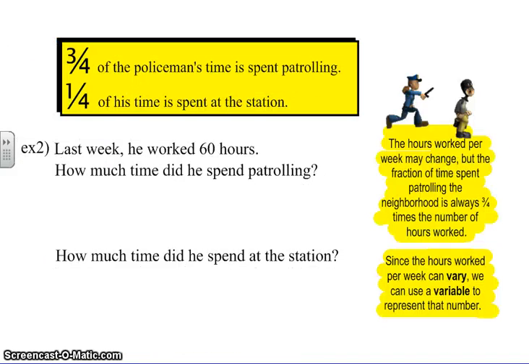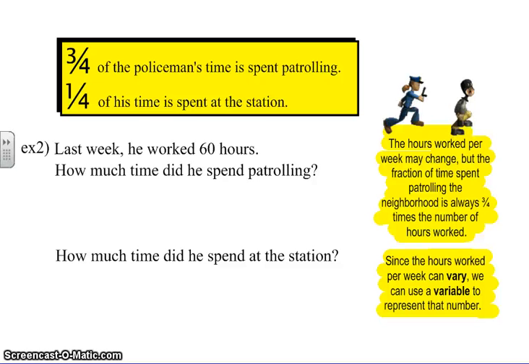We're going to move on to example 2. Example 2, again 3/4 of the policeman's time is spent patrolling, 1/4 of his time is spent at the station. So now he's working 60 hours, and we want to know how much time he spent patrolling and how much time he was at the station.